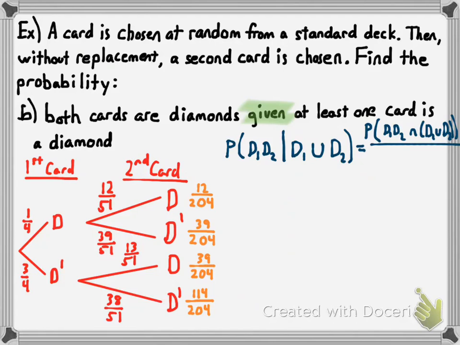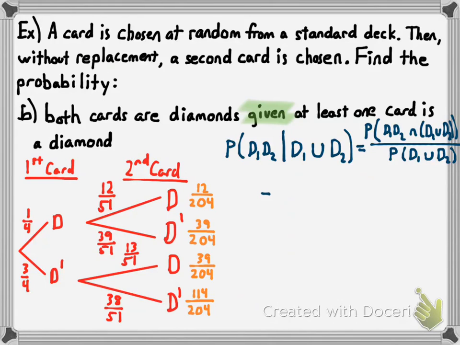And we want to divide that by the probability of the event we know is going to occur. We want to divide that by the probability that we get a diamond the first time, or we get a diamond the second time. Again, the words are most important there because that symbolism, especially up here, looks kind of complicated, doesn't it?